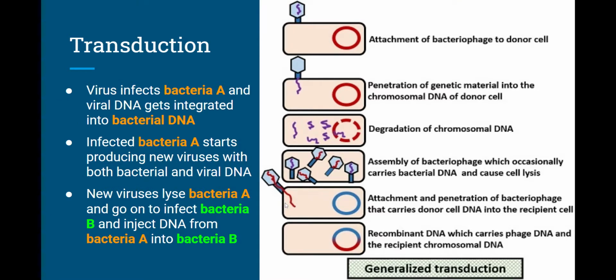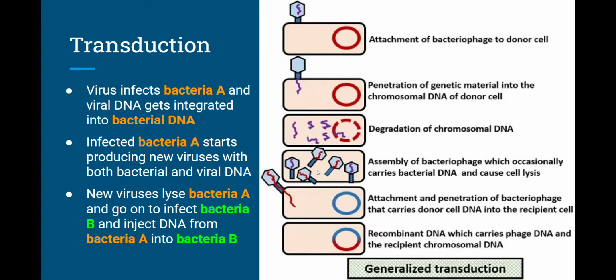Now, it's not only virus DNA that gets packaged into these viruses, though. Sometimes bacterial DNA will also get packaged into these viruses. So a virus infects bacteria A, that DNA gets integrated, breaks down the bacterial chromosome, the virus takes over the cell and makes all these new viruses, some of which have viral DNA, some of which have bacterial DNA, some might have both.